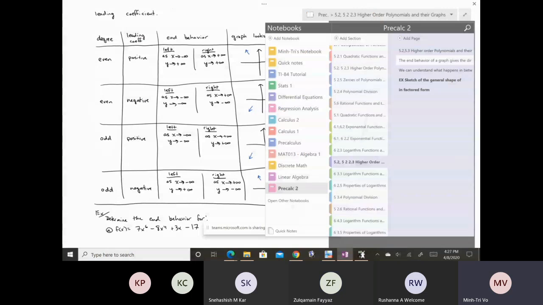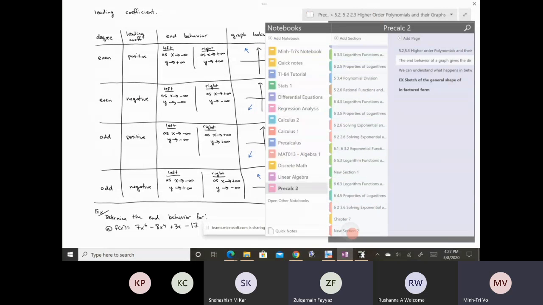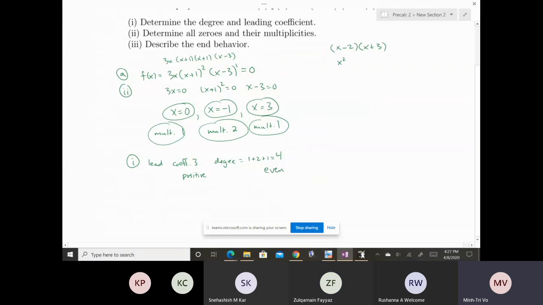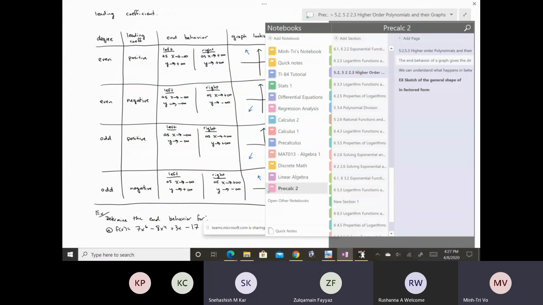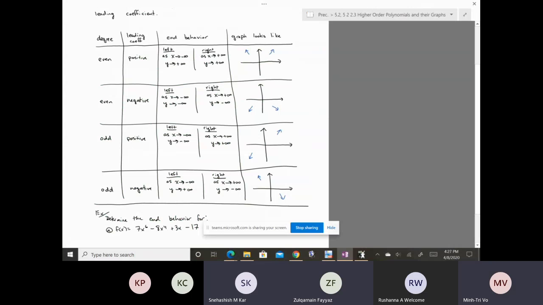So what did we have? The degree was even, and the leading coefficient was positive. So positive 3 and even degree 4. So the end behavior should be this.